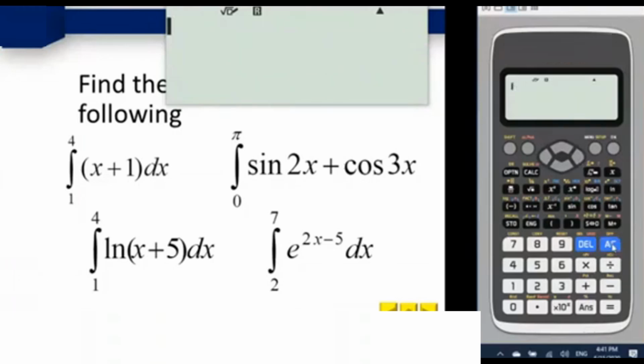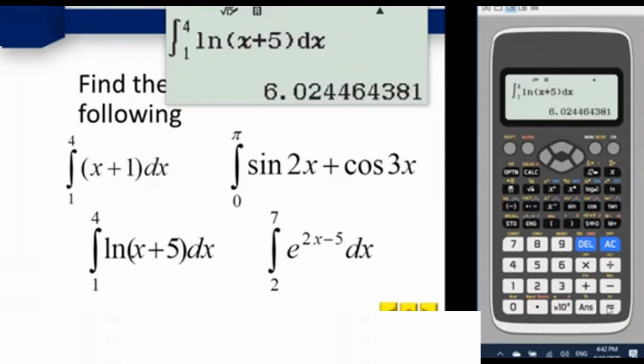Then I will press the integral. It is ln x plus 5, close the bracket, go back, scroll up, upper limit is 4, scroll down, lower limit is 1, and I'll press equals to. The result is 6.0244.